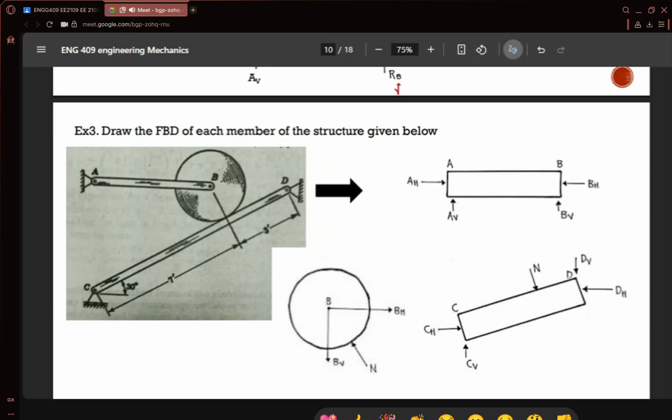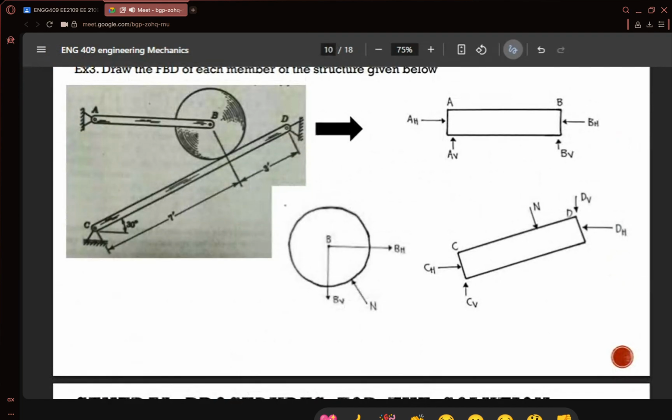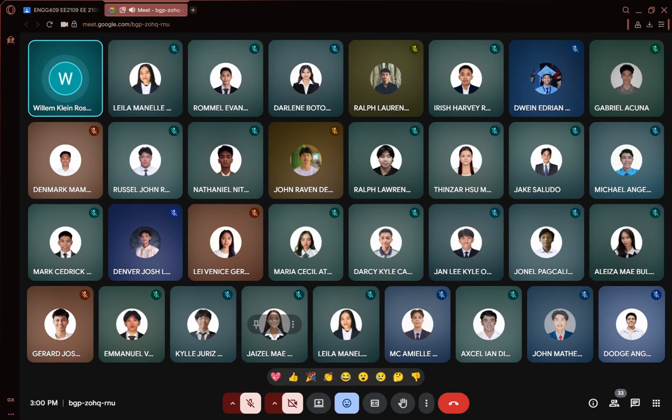So are there any questions, clarifications, confusions regarding the FBD and also parallel forces today? What will be the next one? Procedures for the solution in equilibrium. Okay, so next meeting, which will be on Wednesday, online, we will start with the solving process for the equilibrium problems for rigid bodies.